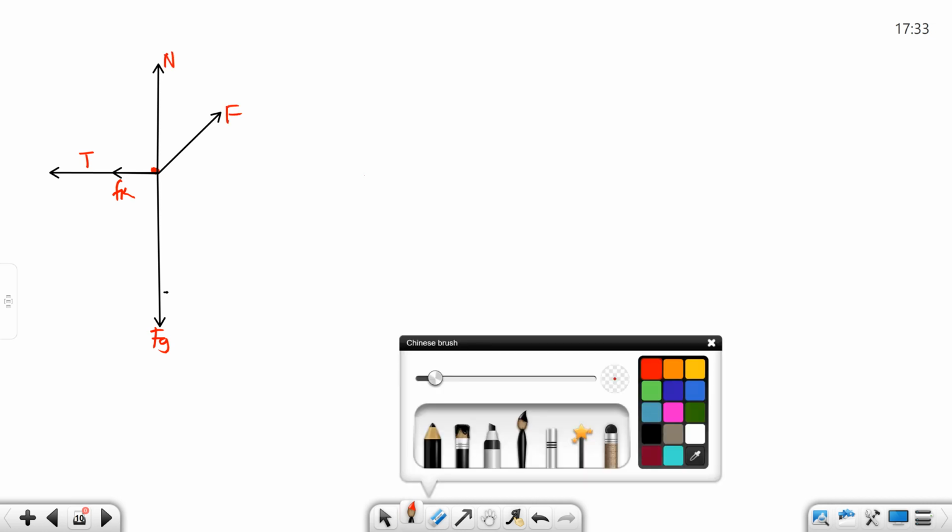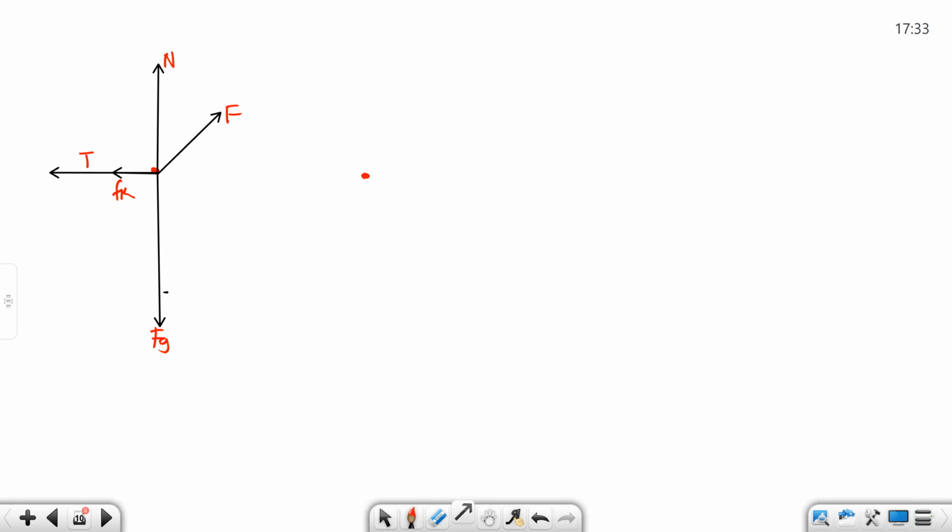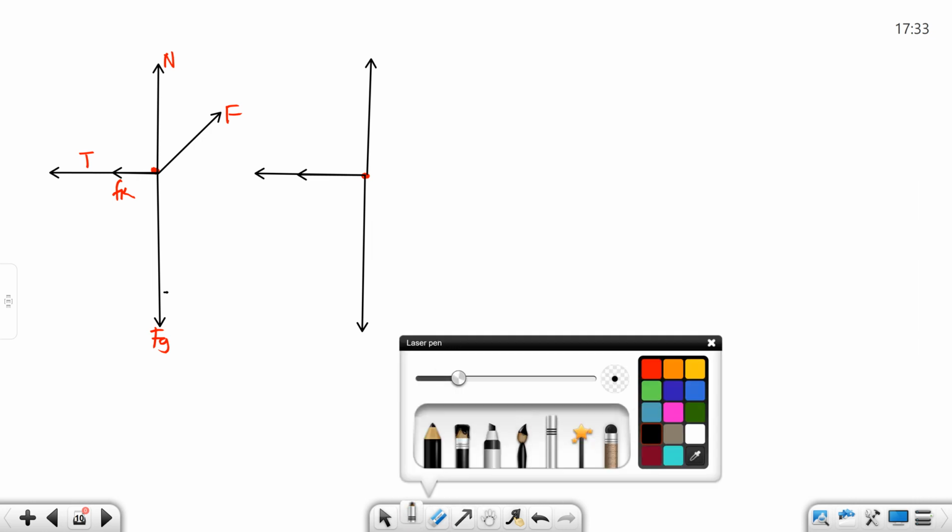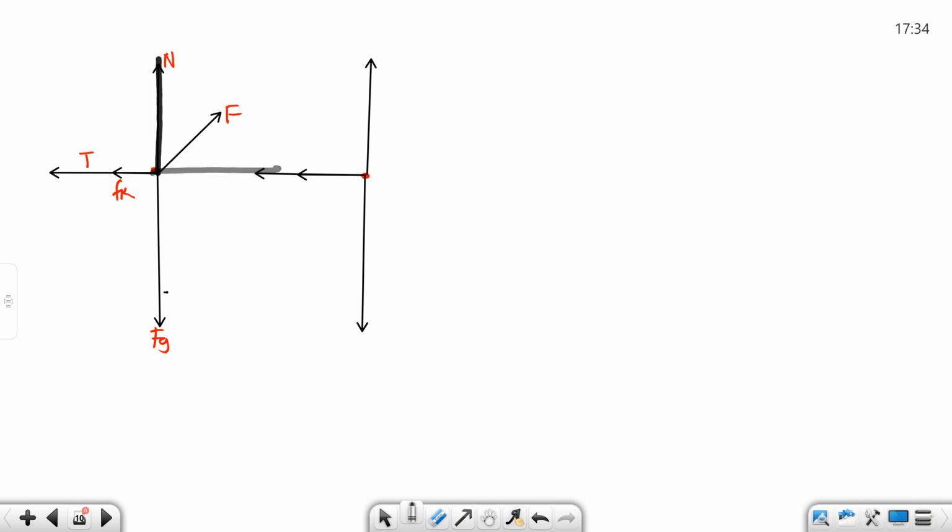Now, can we draw a new diagram? What would it look like? Normal, Fg, friction, tension. This is where we want to quickly resolve. It is up and right, because it's right in the middle there.